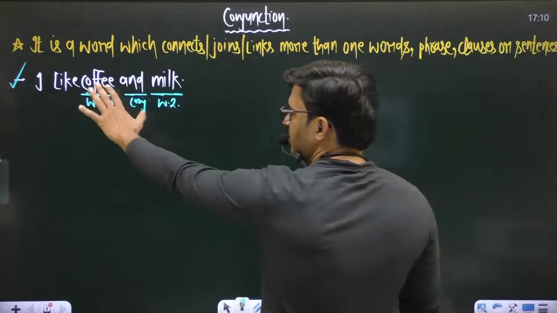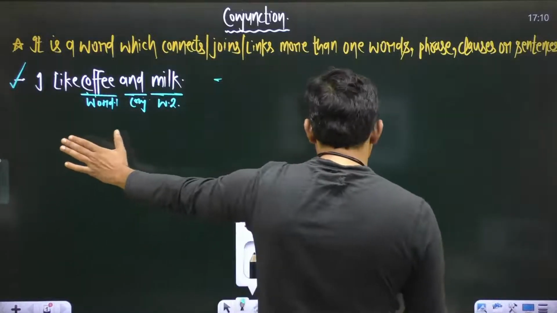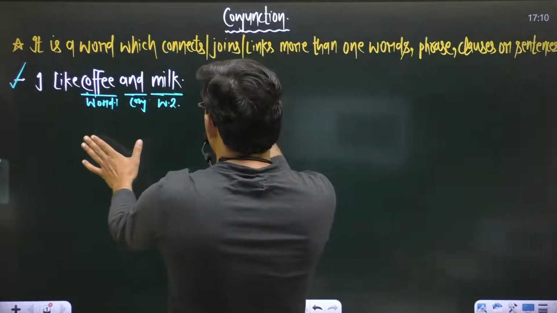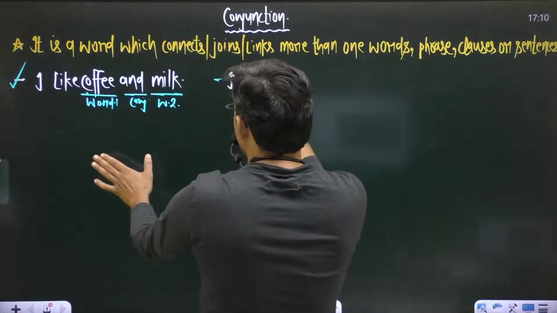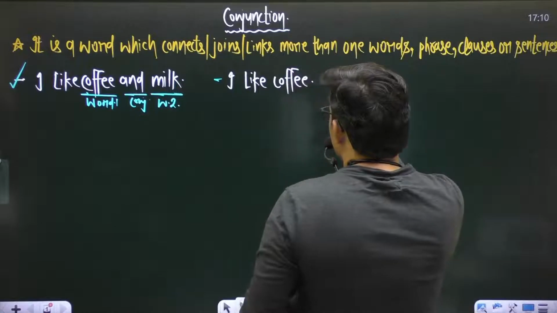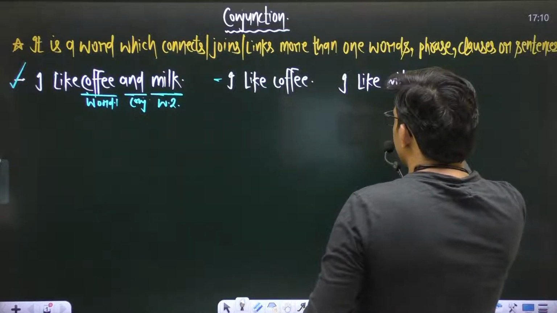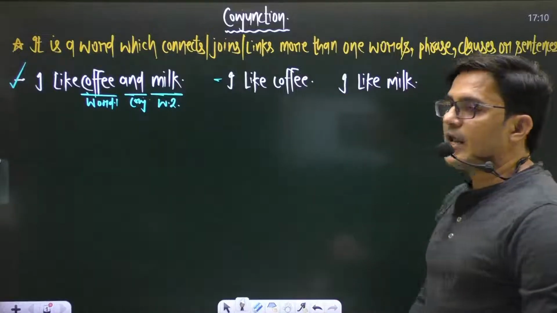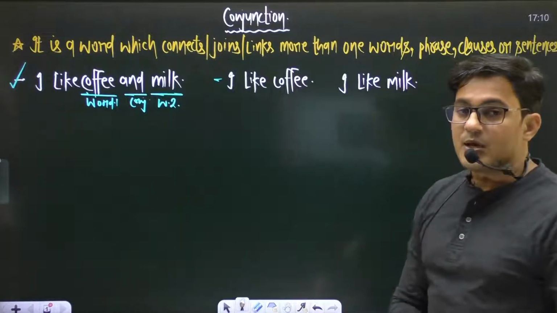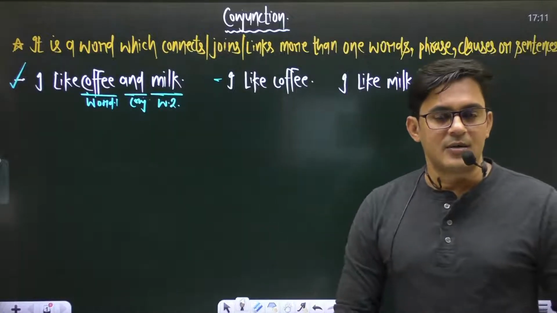In the absence of conjunction, we used to speak like, I like coffee, full stop. Again, we used to say, I like milk. We used to speak like this, right? Because you know it very well, conjunction was not there at that time.